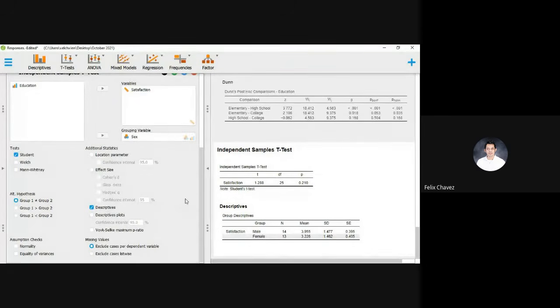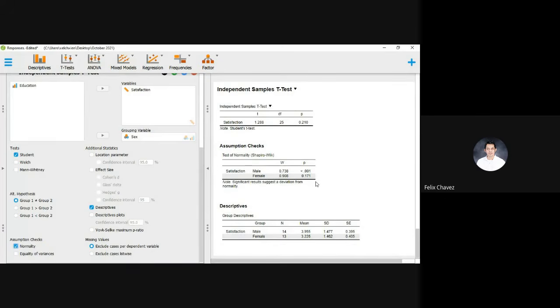To check for normality, you can just check this one. In fact, we can check for normality. This is the Shapiro-Wilk. If the p-value is less than or equal to 0.05, if that is significant, then there is a problem of normality.